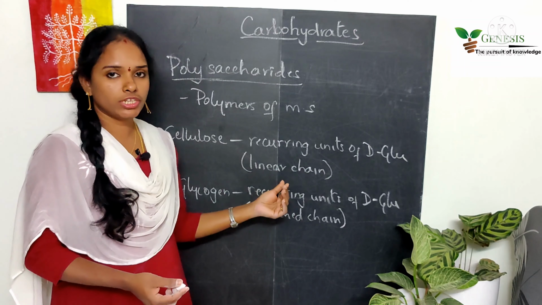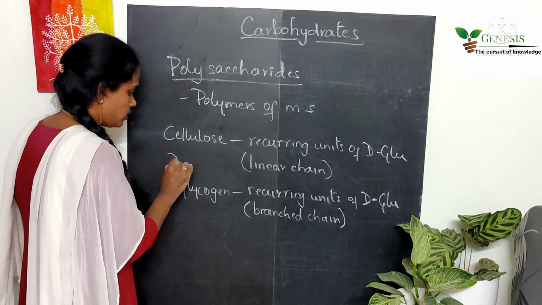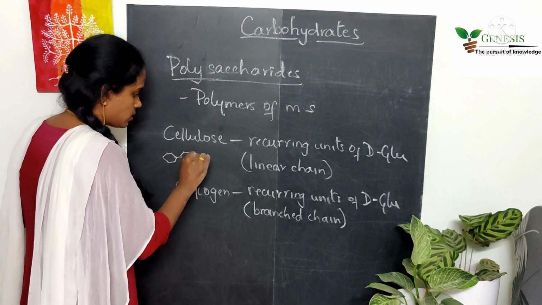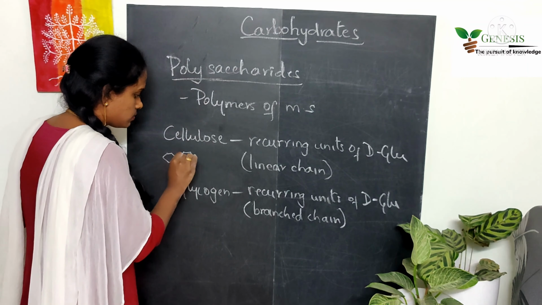In the case of cellulose, they are arranged in a linear fashion like this. But in the case of glycogen, even though it contains the recurring units of D-glucose, here we can see the branched chain. So what makes the difference between these two? It is the type of glycosidic linkage.